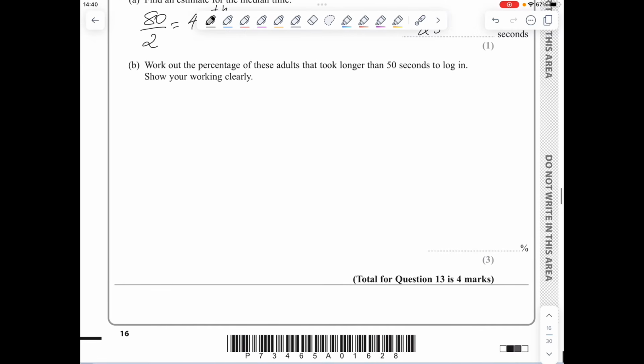But be careful, 75 is not the answer. 75 is the number of adults that took less than 50 seconds. So the number of adults that took more than 50 seconds is equal to 80, which is the total, minus 75, which is equal to 5 adults. And I need the percentage, so 5 over 80 times 100. Put this on the calculator and you'll get 6.25%.